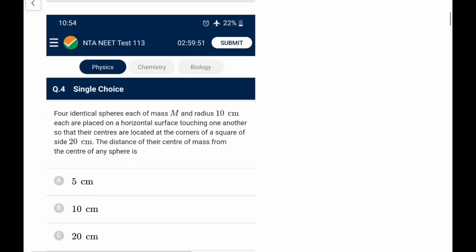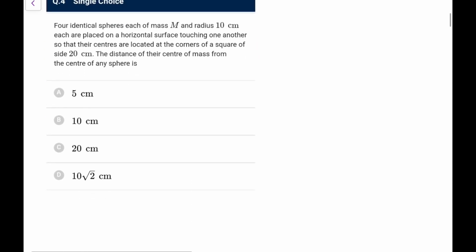Next one. 4 identical spheres, each of mass m and radius 10 cm, are placed on a horizontal surface touching each other such that their centers are at the corners of a square of side 10 centimeters. The distance of their CM from the center of any sphere will be. You have 1, 2, 3, 4 like this, and this is the square.